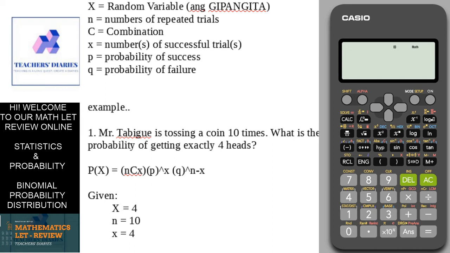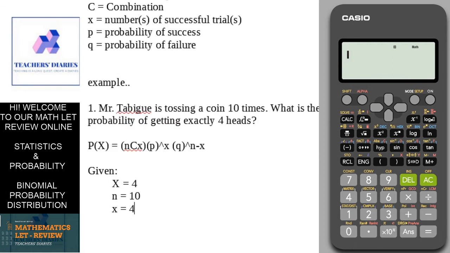Don't confuse this one and this one, because in other examples, if we're not going to use the equal sign, then this would change. Later on I'm going to explain, or it might be in the next video that we're going to make.